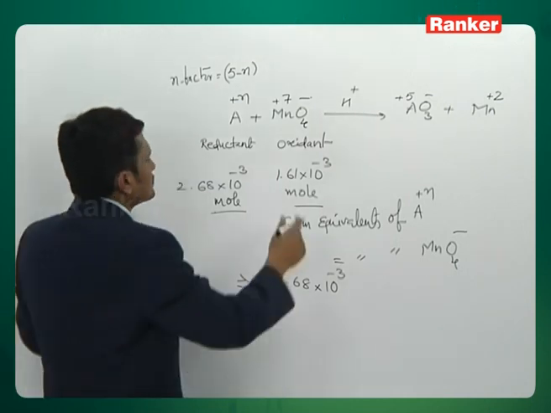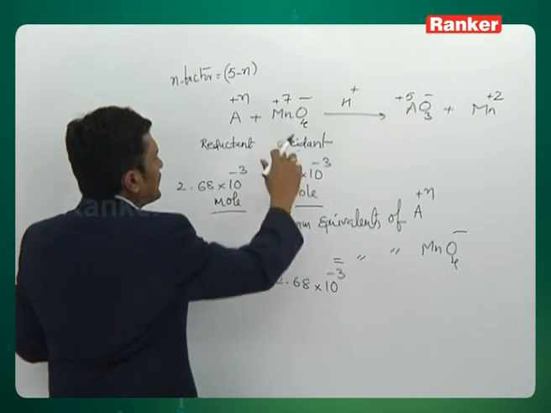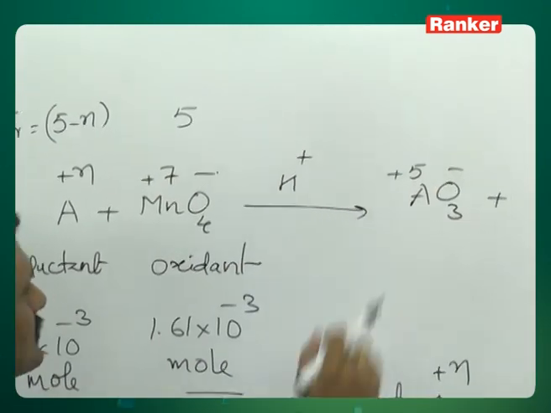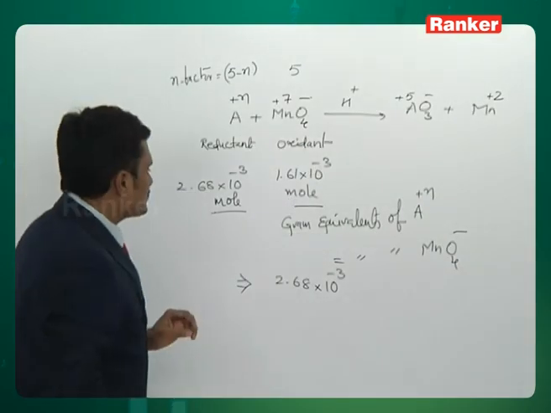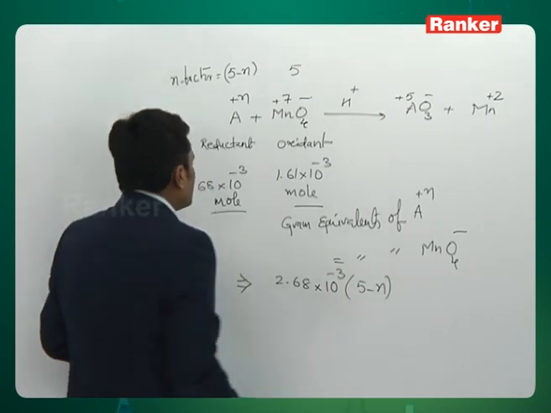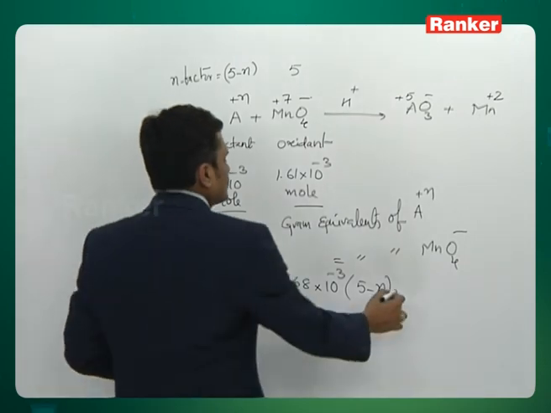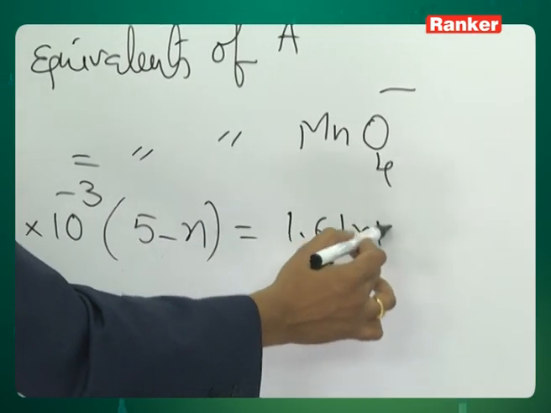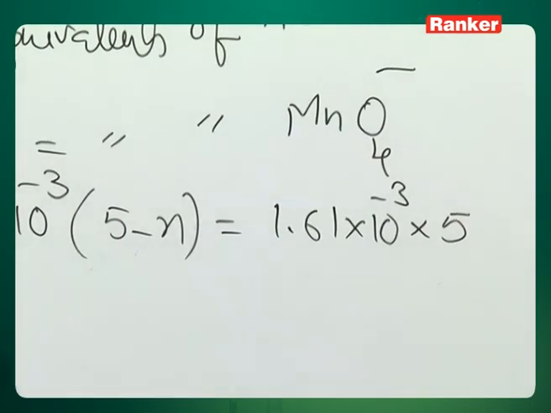In the case of the permanganate ion, the change in oxidation state of manganese is 7 minus 2, which is its n factor. When I multiply the moles with the n factor, for A^(n+) it is 5 minus n, and for permanganate the n factor multiplied by its moles gives the equivalence of permanganate.